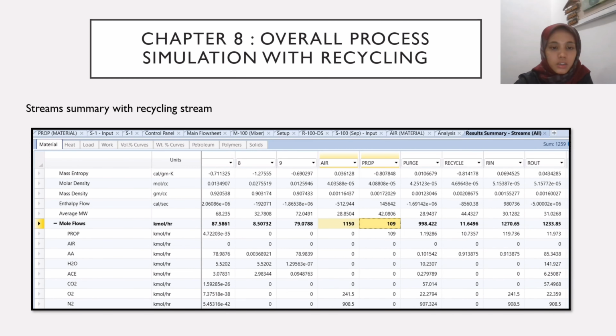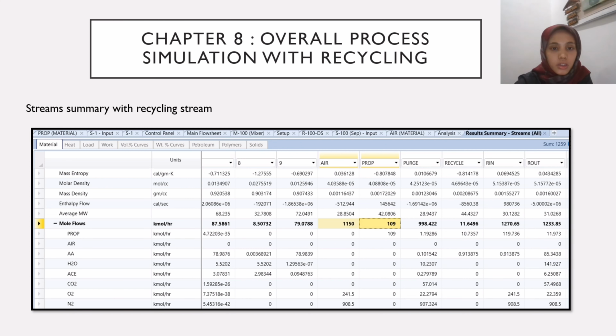Okay, according to the stream summary with recycling, I can conclude that the flow rates of propylene and air for recycled streams are decreased from 120.6 kmol per hour and 1219 kmol per hour to 109 kmol per hour and 1150 kmol per hour respectively.